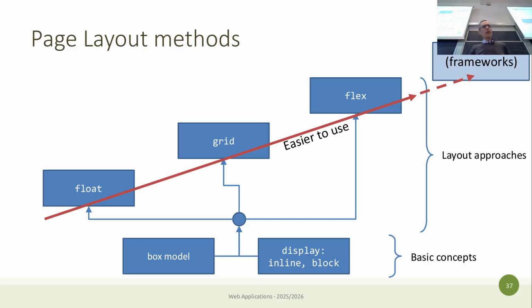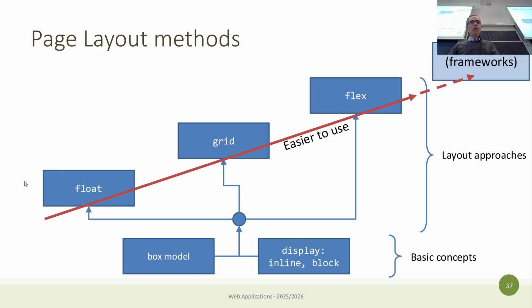But then we have an image, and we want it surrounded by text, as happens sometimes in documents. Or maybe we have other elements that we want to move around inside the page. Can we do it? Yes, we can, but it was at least very complicated.